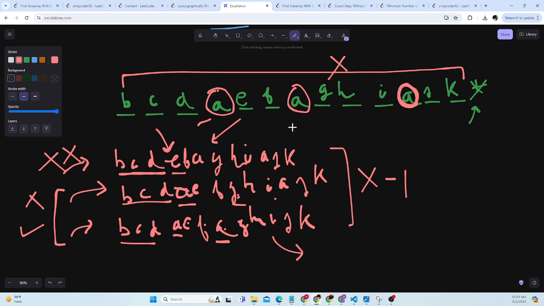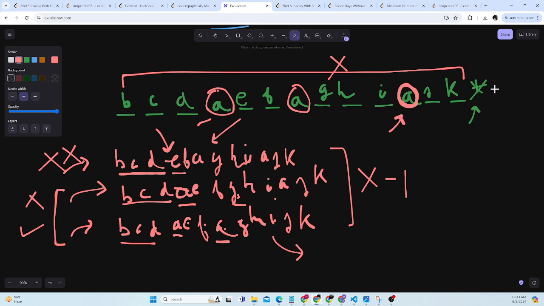But if you choose this particular A, then after A is removed, E will come, and we know that since A is lexicographically smallest, any character apart from A will be greater. So this will make the string lexicographically larger if E came in place of A. So it's always beneficial to remove the rightmost A.